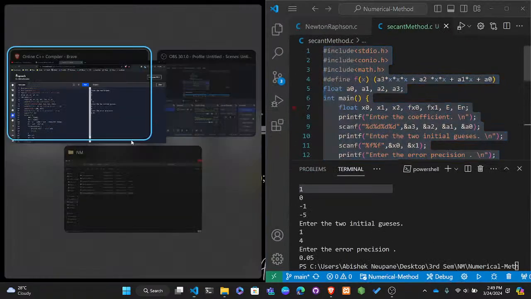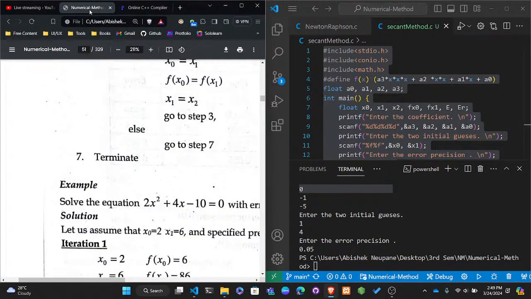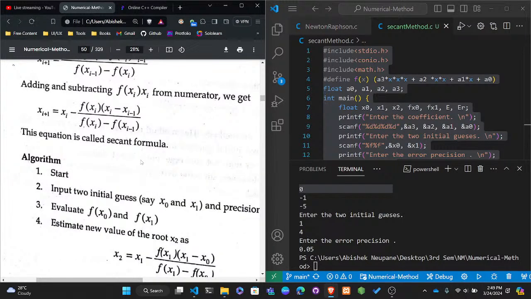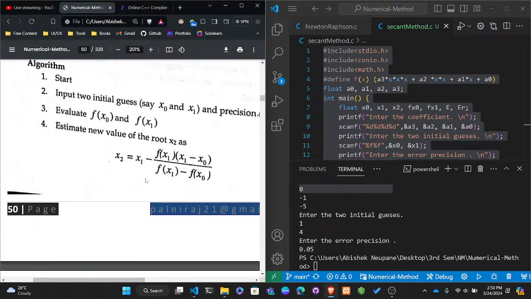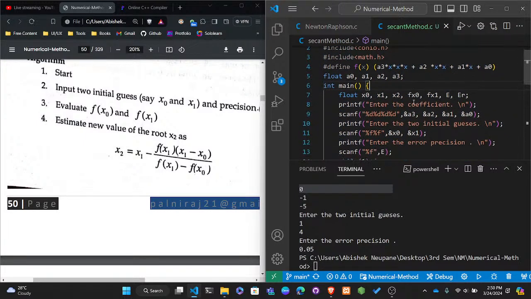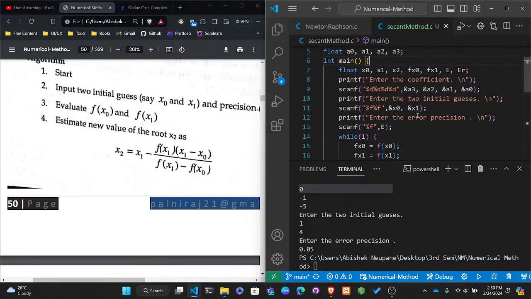So let's compare with the algorithm, okay? So there is no problem. Function of x2, x1, x, that's okay. Okay, that's right.